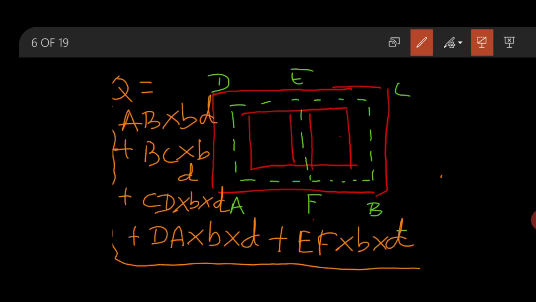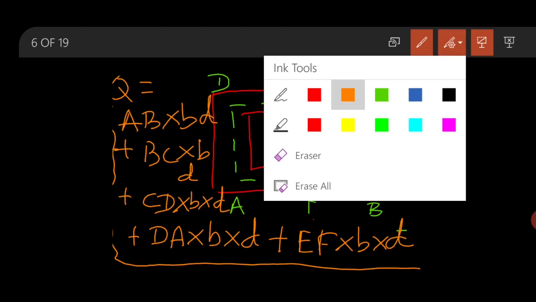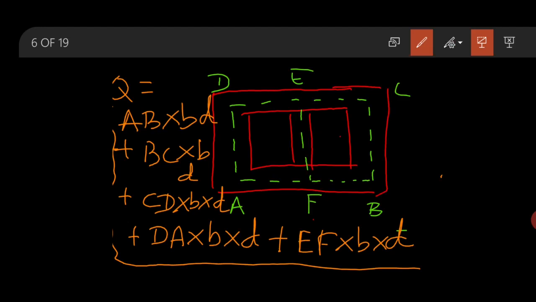First we will consider this part, AB into B into D. Here B is the width of the work, any item of work. You can consider it as earthwork in excavation or brickwork in foundation.